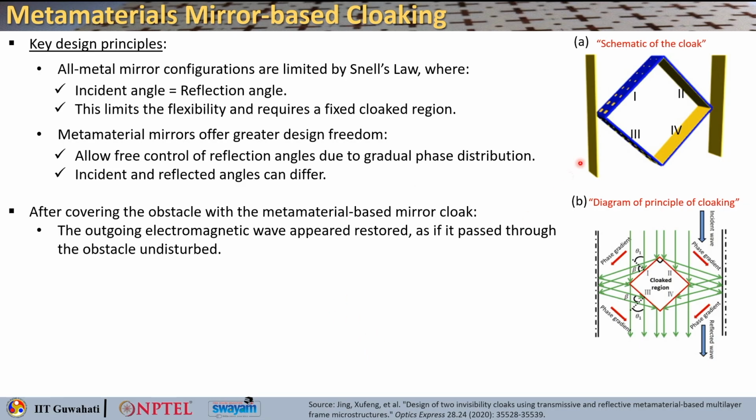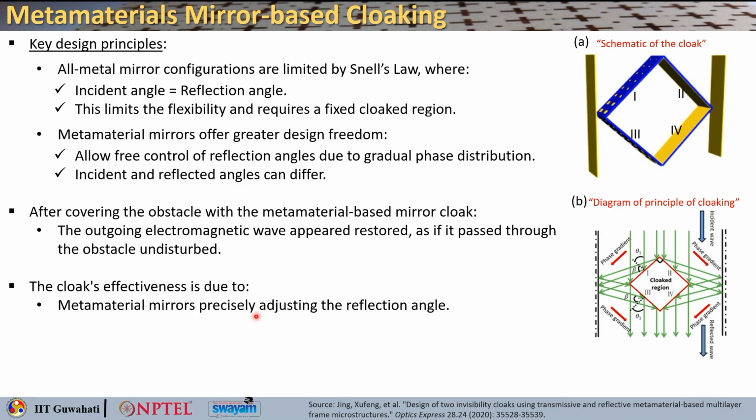So after covering the obstacle that you are going to cloak with this kind of metamaterial based mirror cloak, you will see that the outgoing electromagnetic wave appears to be restored as if it is passing through the obstacle undisturbed, right. So how is this cloak effective?